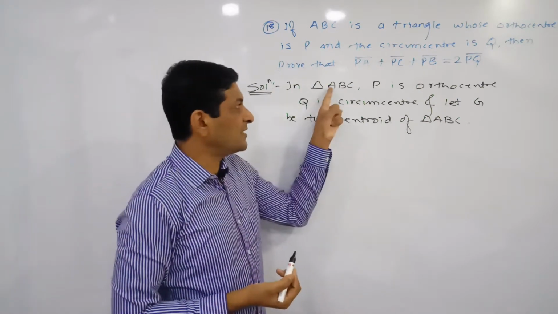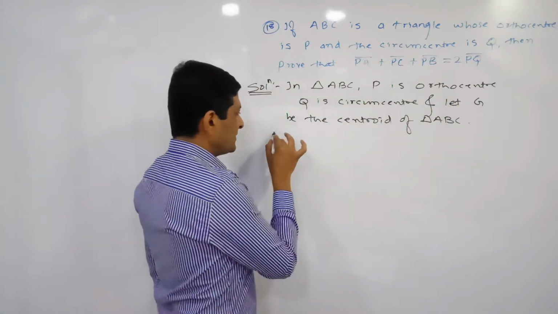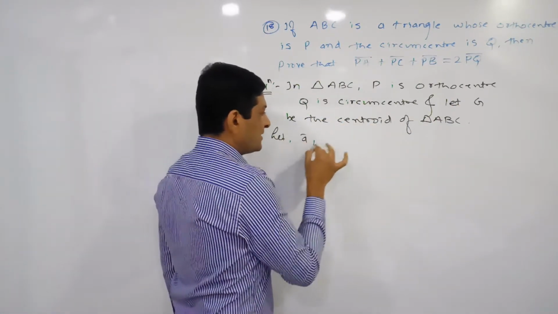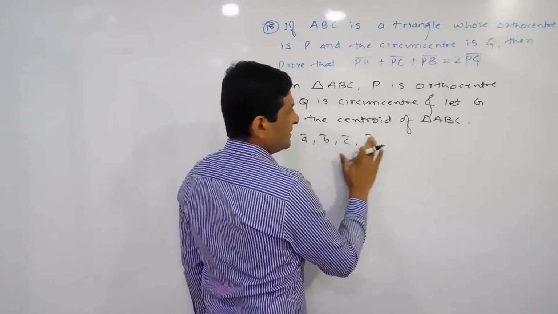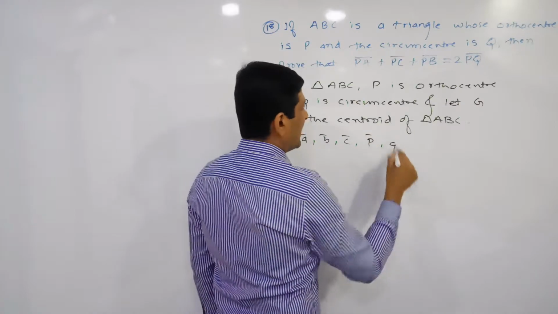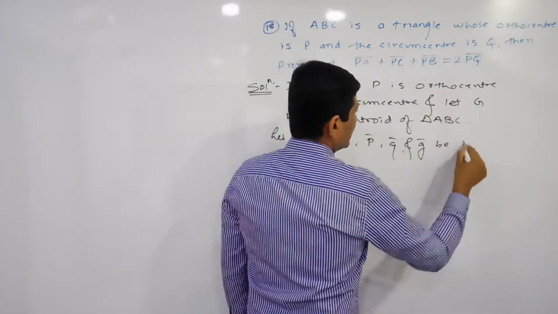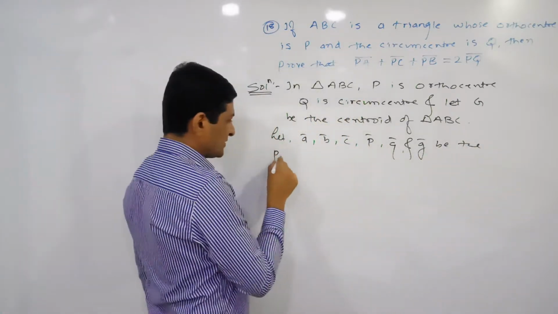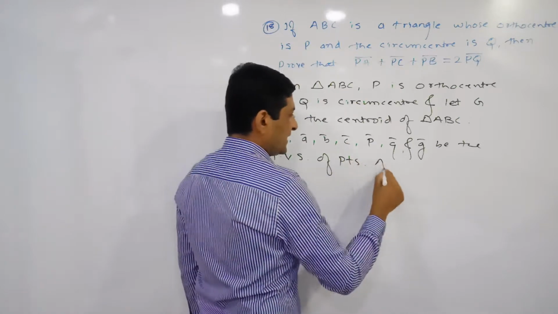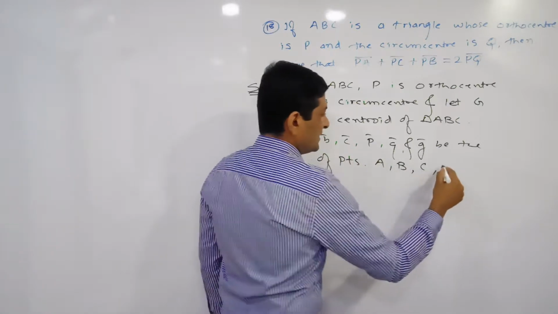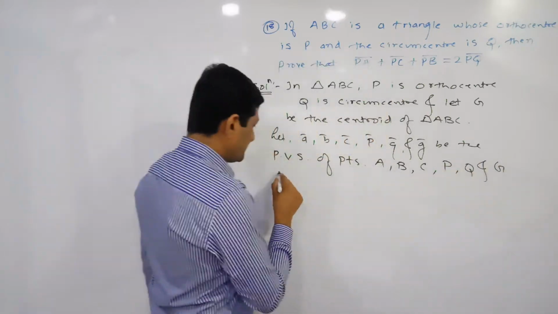So how many points are there? A, B, C, P, Q and G. So let A bar, B bar, C bar, P bar, Q bar and G bar be the position vectors of points A, B, C, P, Q and G respectively.